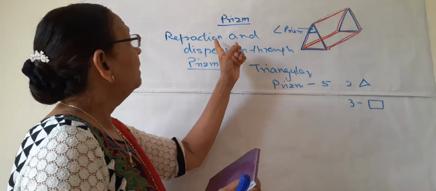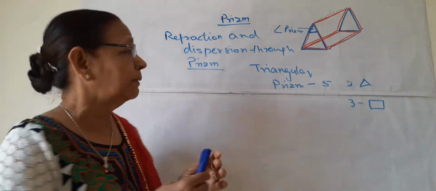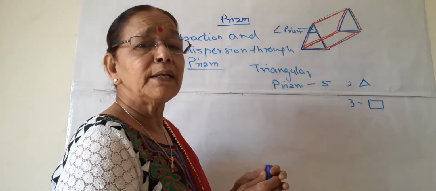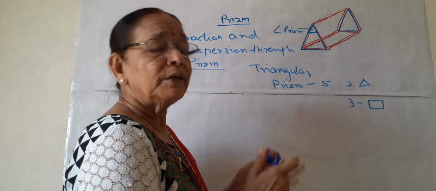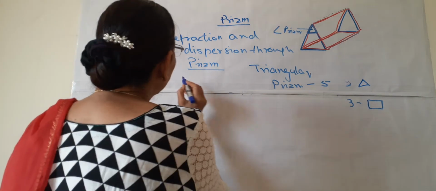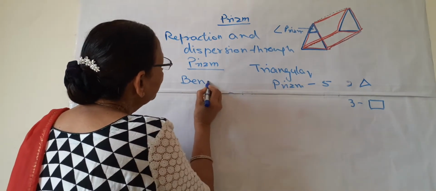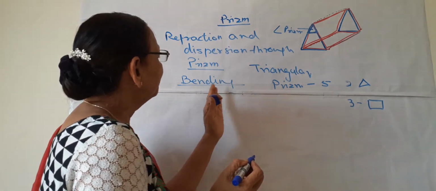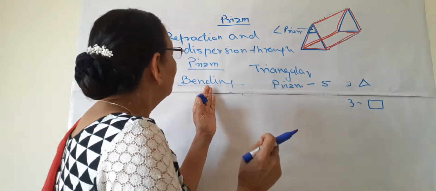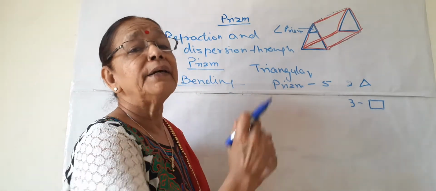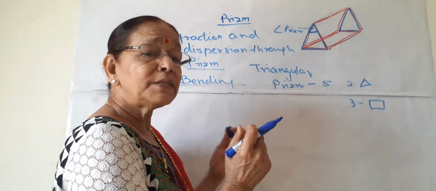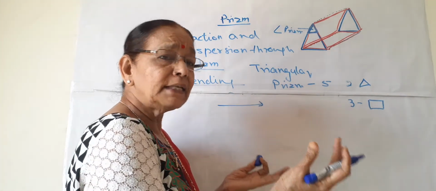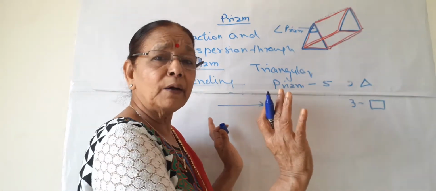Now we will study refraction through the prism. Before that, we should know what is refraction of light. Very easy, all of us know that it is bending. If we want to define it in a single word, refraction of light is bending of light rays. If the ray is traveling through air in a single medium, there is no bending of light.